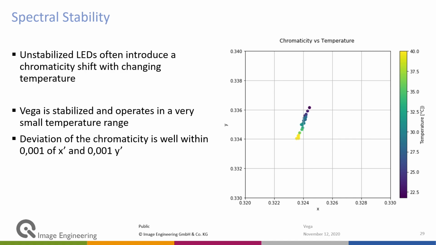And to counter this, VEGA is stabilized and operates in a very small temperature range. And the deviation of the chromaticity of VEGA is well within 1,000th of u' v'. So thus also solving our challenge of high accuracy measurements.